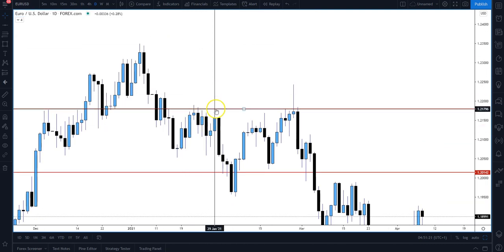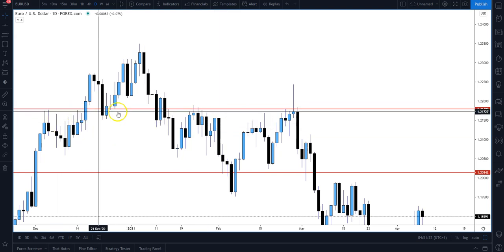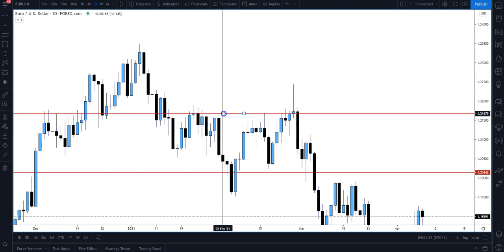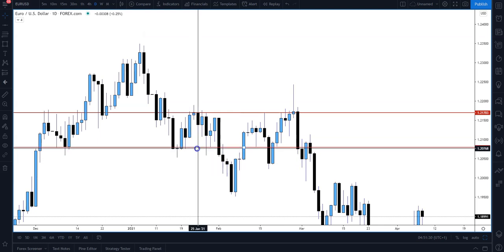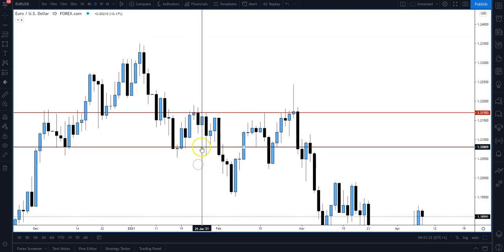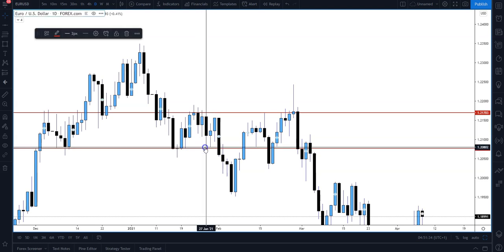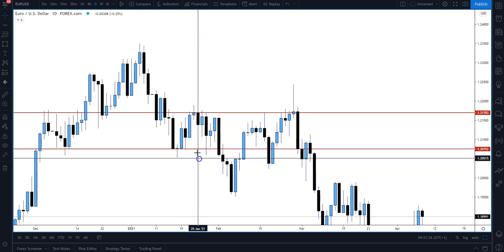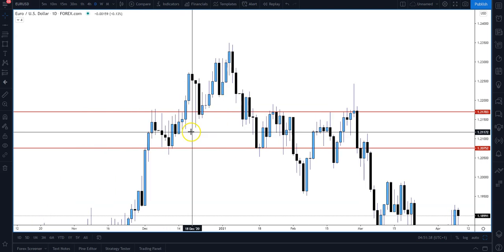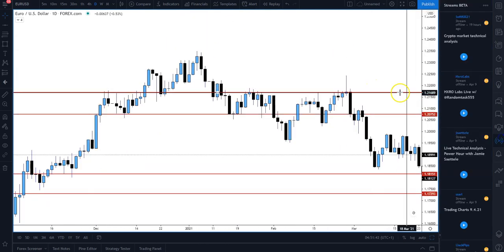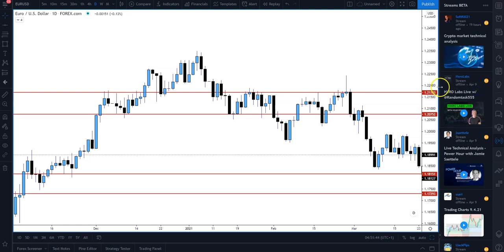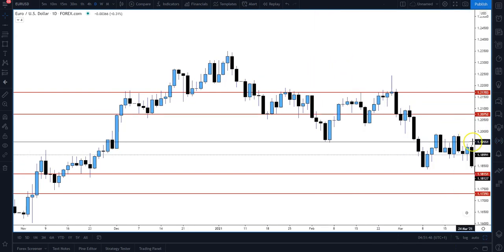So first and foremost, I already can see the zones that are of interest to me. So these zones are going to be my focus. Now let's say, for instance, we didn't even know what this is going to do.